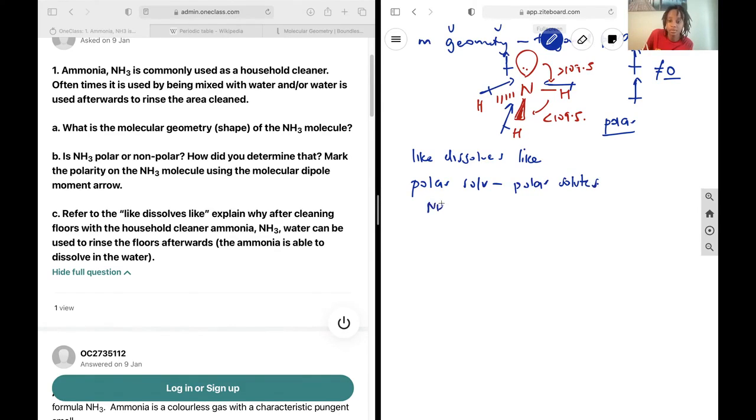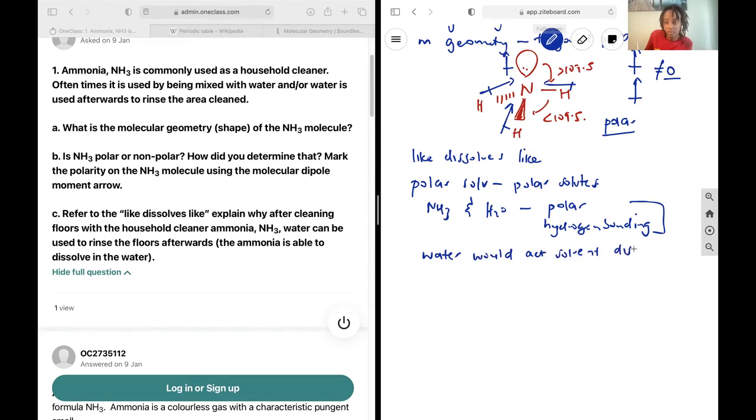Furthermore, both NH3 and H2O are not only polar, but have hydrogen bonding. And so due to how alike they are, water would act as a solvent, dissolving the ammonia solute. And those are your final answers.